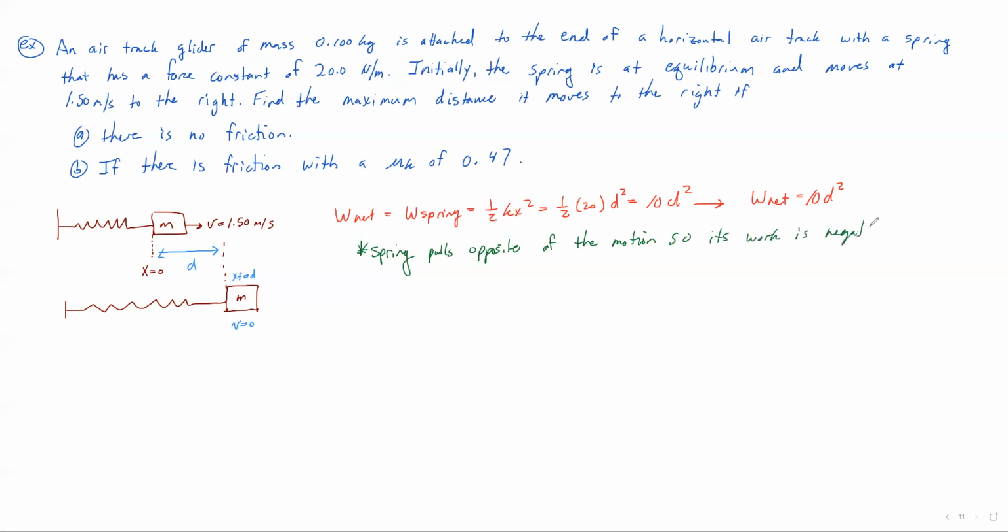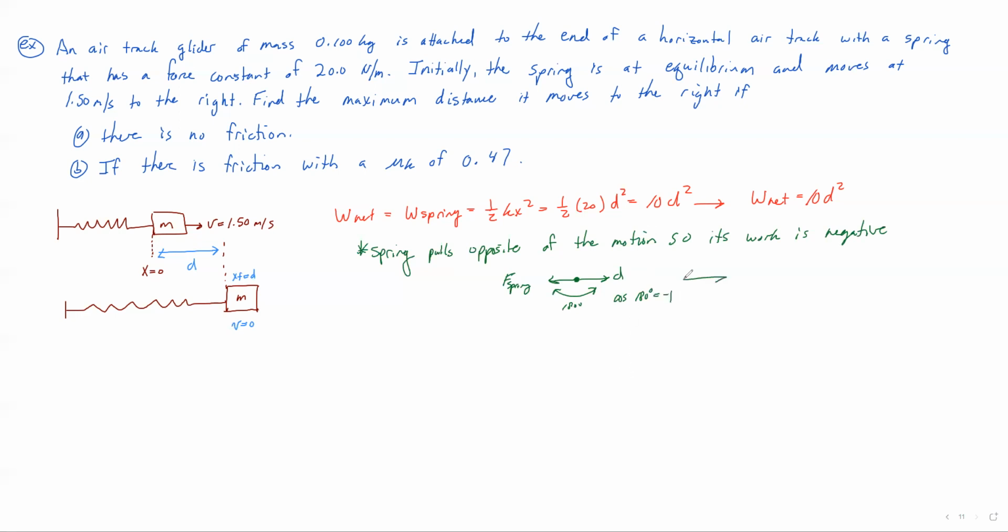is negative. Now, I didn't actually plug in what it was, but how would I know that? Well, if I'm looking here, I know I'm moving this way, d, but F of the spring is this way. The angle between these is 180 degrees, and the cosine of 180 degrees is -1.